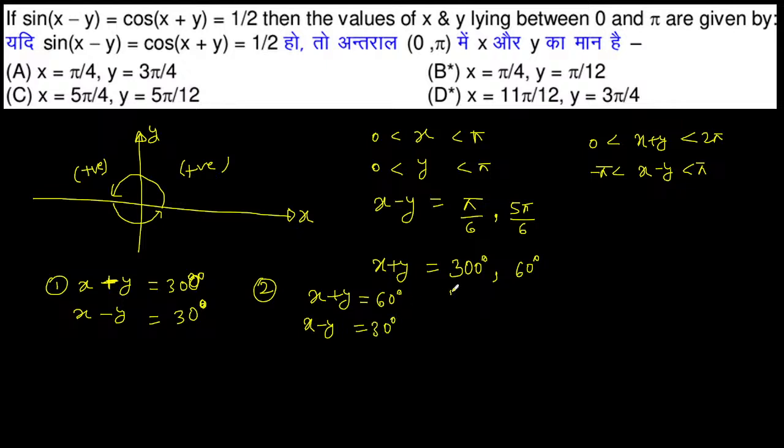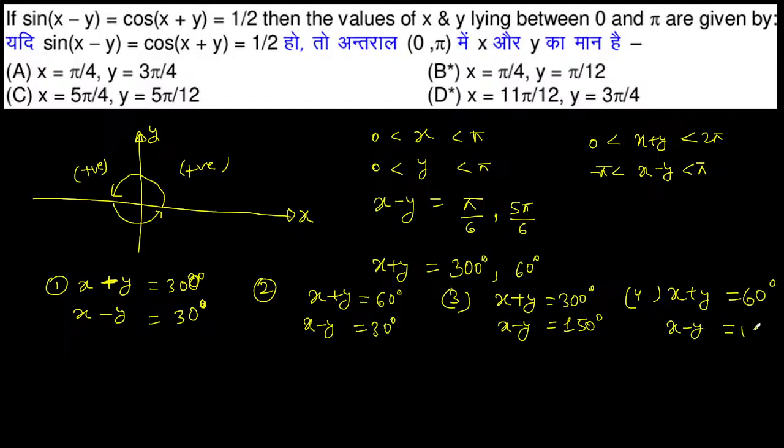So we have four combinations. X plus y is 300 degree, x minus y is 150 degree. Fourth combination, x plus y is 60 degree, x minus y is 150 degree.